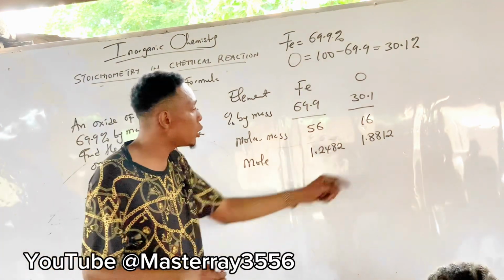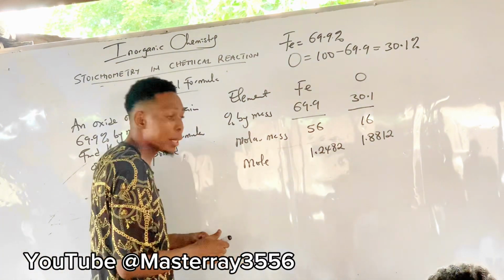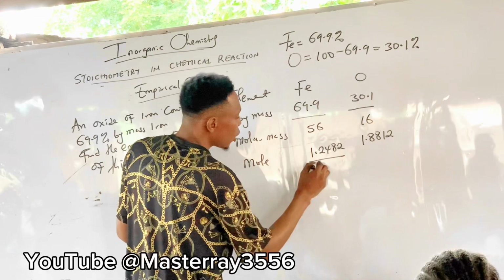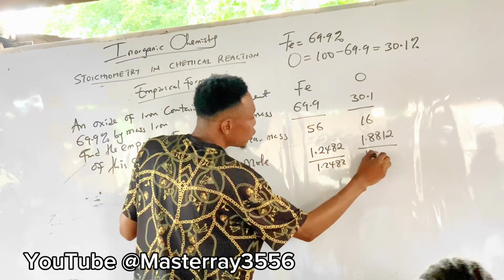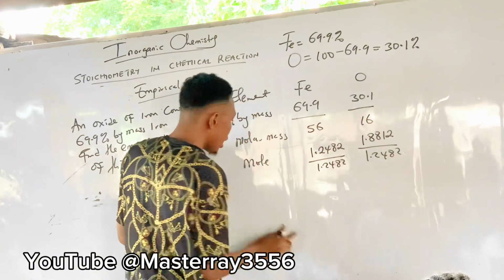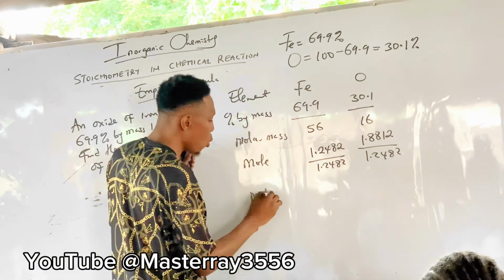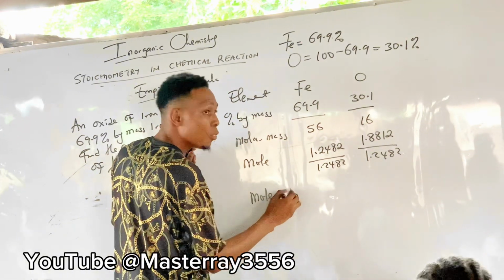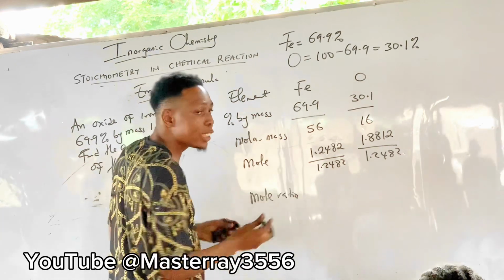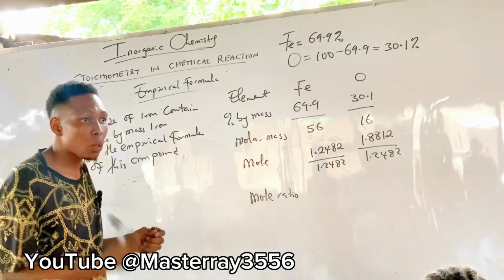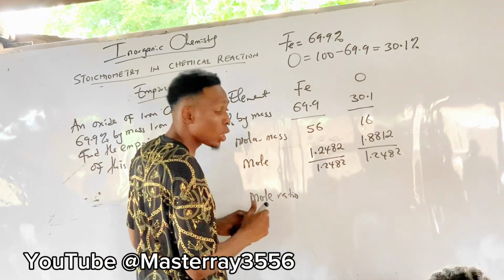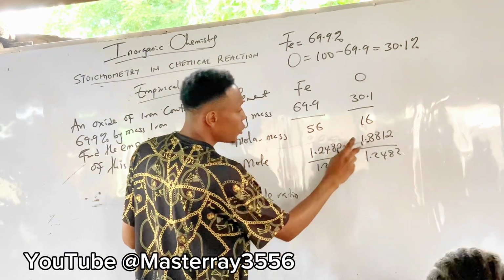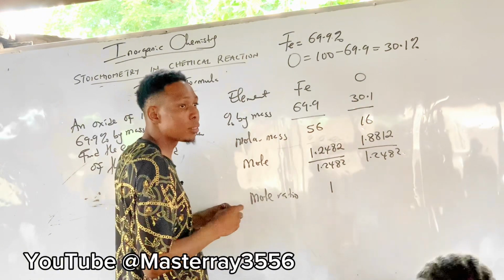So between these two, which is smallest? 1.2482 divided by 1.2482. After that, we are going to have what's called mole ratio. Are you following? So if you divide these two, what do you have? Just 1. All right.